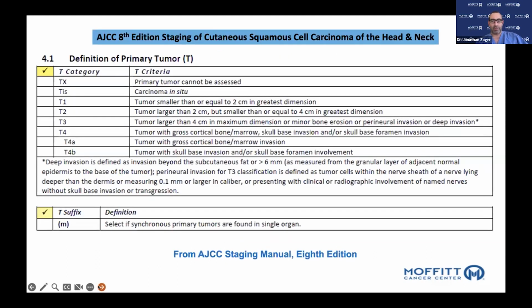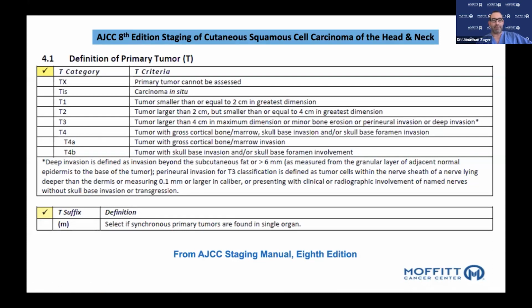So as you probably know, and we've talked about it before, the AJCC, which is our staging manual, does stage squamous cell carcinoma in terms of tumor depth and size. And as the tumor gets bigger, the T category, or the tumor stage, gets a higher stage.